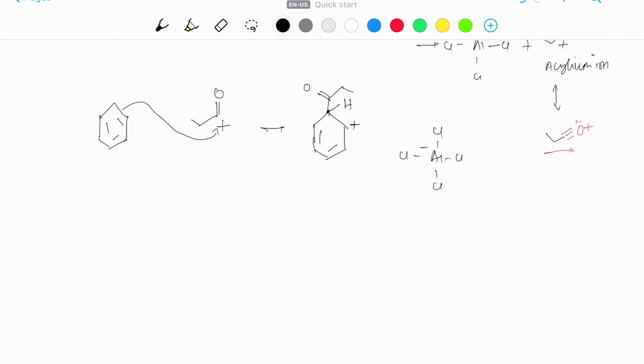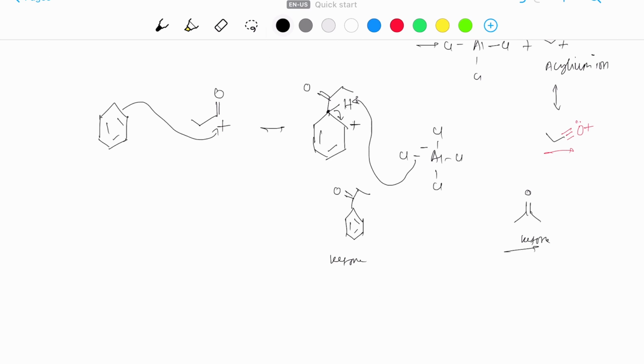So this bond will break, this will try to take this hydrogen away, the electrons will be left to reform the double bond here, and will form the benzene ring, which has this ketone right now. So this particular thing is a ketone.